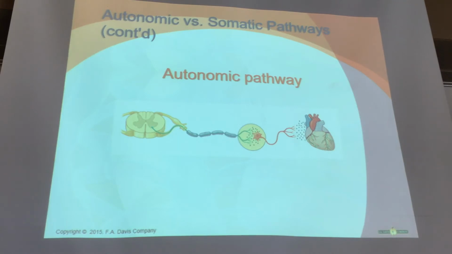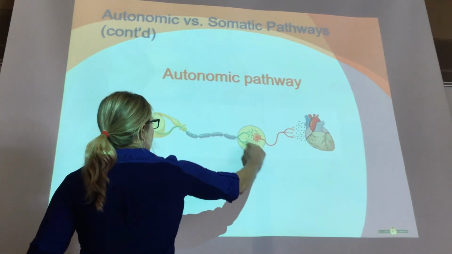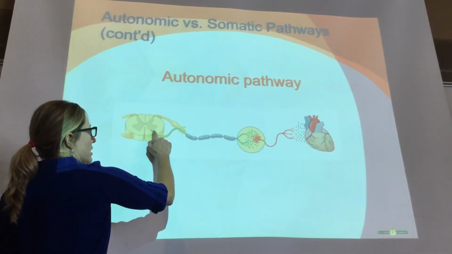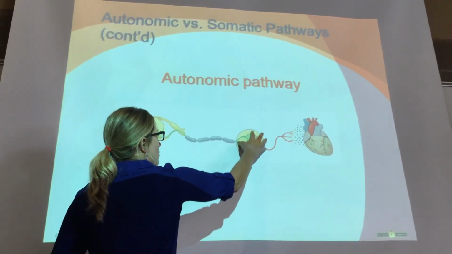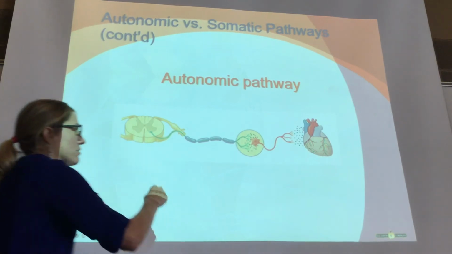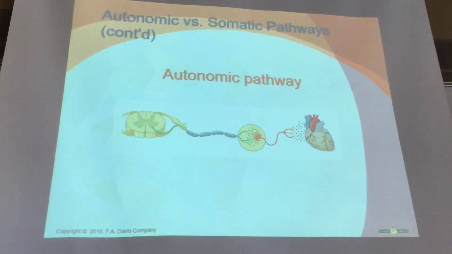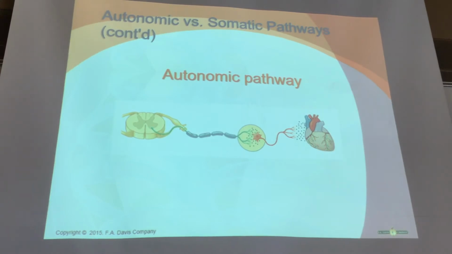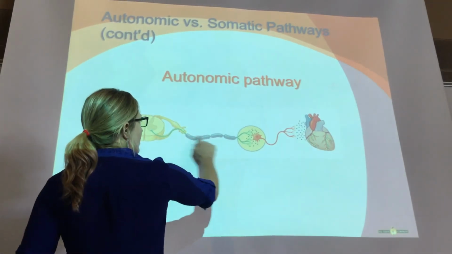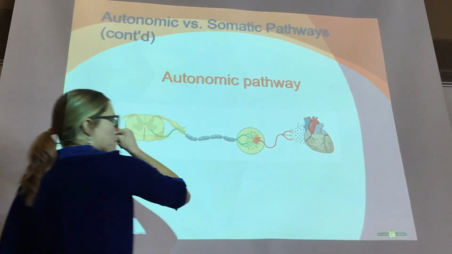Okay? So this would be the ganglion. Here you've got the neuron that's going from the spinal cord, it's myelinated, out to a ganglion right here. So you've got one neuron right here, and this one's called the preganglionic neuron.